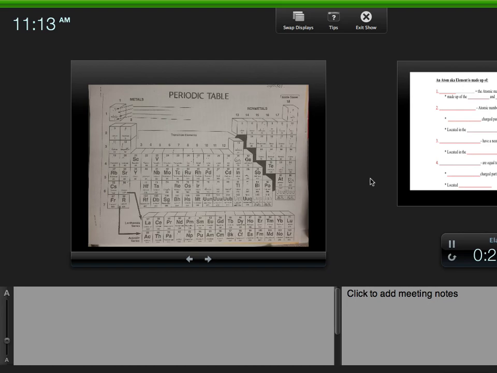What I said was adding is this. To get the atomic mass, you have to add the number of protons plus the number of neutrons. So if I know the number of protons is 3, then my number of neutrons has to be 4 in order for me to get the atomic mass of 7.